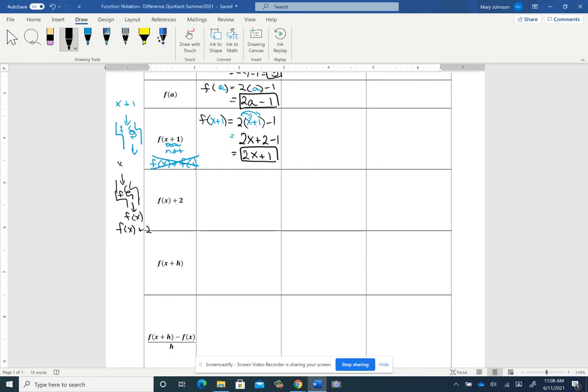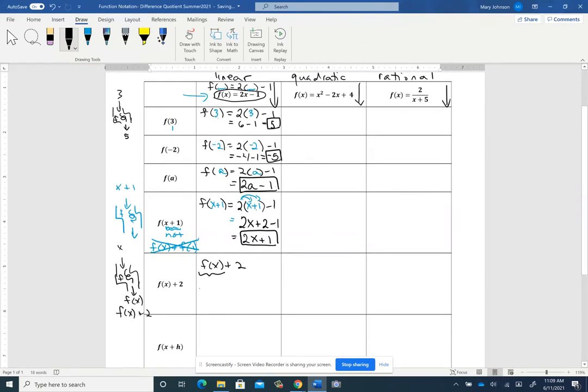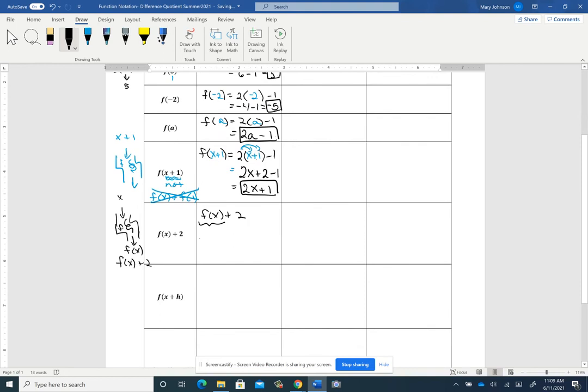If you understand function notation, it really is telling you what to do. So if we're trying to figure out f of x plus 2, well, f of x, we have to go back up here to make sure we're seeing it correctly. f of x in this column is 2x minus 1. So this right here is 2x minus 1, because f of x equals that, so it's interchangeable.